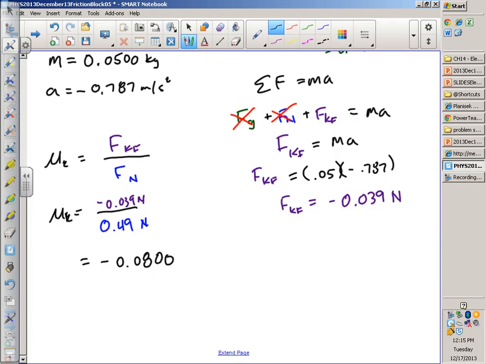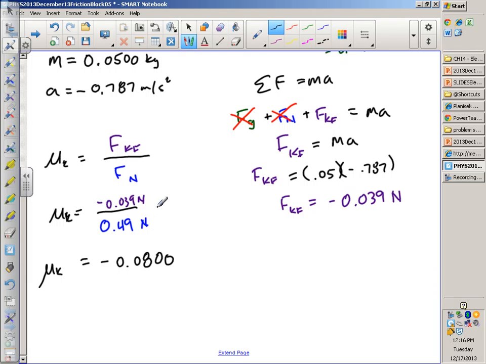That would be 3 sig digs, right? We rounded it a little differently this time than I did last time. So let's talk about this answer a little bit. First, that is the coefficient of friction. In order to find the coefficient of friction, you divided the frictional force by the normal force.